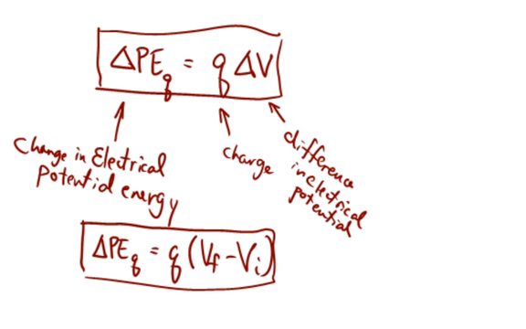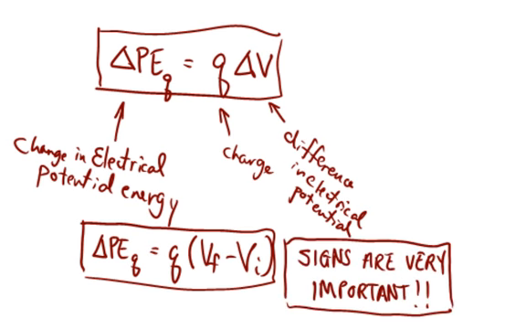When we've dealt with fields and forces, I've encouraged you to draw diagrams and forget about the signs and work with magnitudes of charges. When it comes time to deal with these scalar quantities, the signs are going to be important. I'm sorry it's like that, but that's just the way it is. So pay attention to signs when you deal with these scalar quantities.